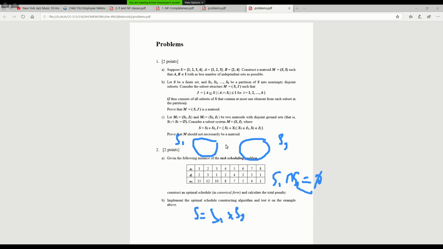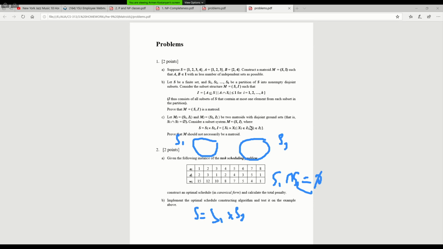This is the ground set, and then we define the subsets of S by taking a subset x1 from I1, another subset x2 from I2, and constructing the Cartesian product of x1 and x2. So we actually have some subset system: a ground set and a set of subsets of S.